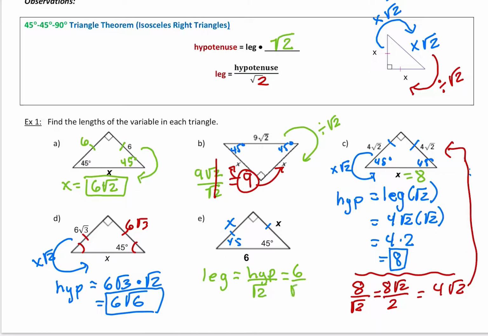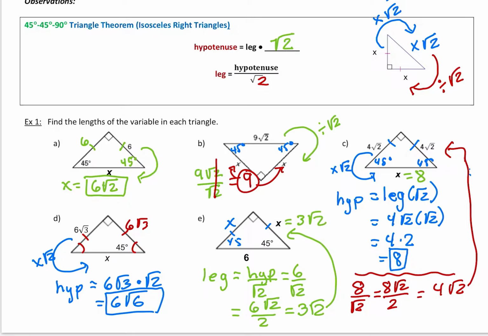We're going to divide that by the square root of 2. But look at that. You have a root on the bottom, so we're going to rationalize that. I'm going to do it down here. We multiply the top and bottom by root 2, and you end up with 6 root 2 over 2. But is that simplified? No, that 6 divided by 2 can be simplified down to 3 root 2. And that is your x value. X is equal to 3 root 2.